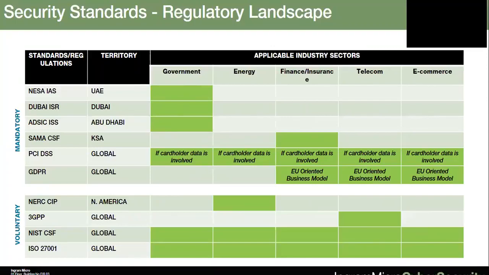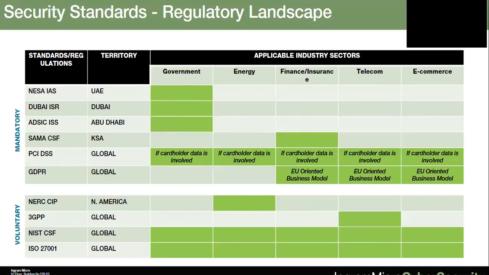In terms of voluntary standards, it will be this section that I'm showing here. We have a few good samples, including the critical infrastructure protection standard for North American energy companies.